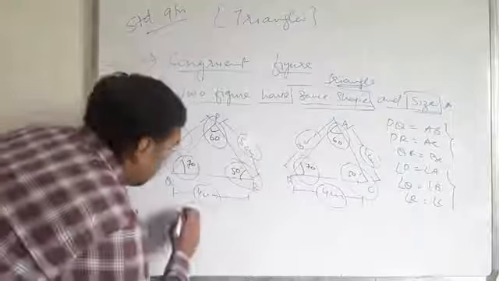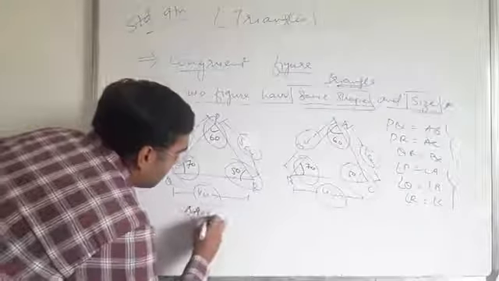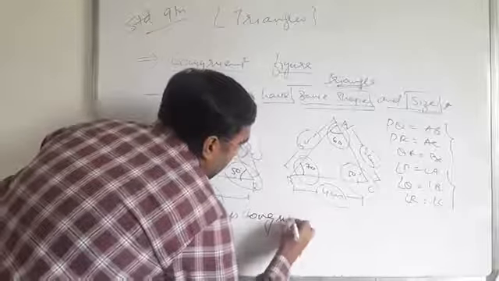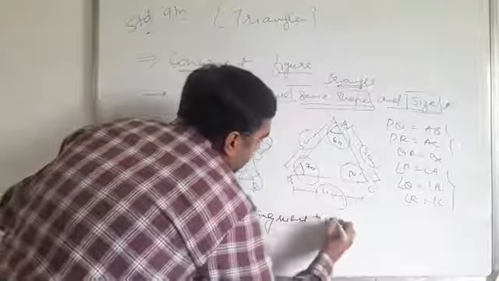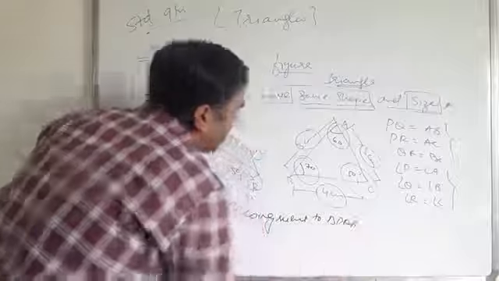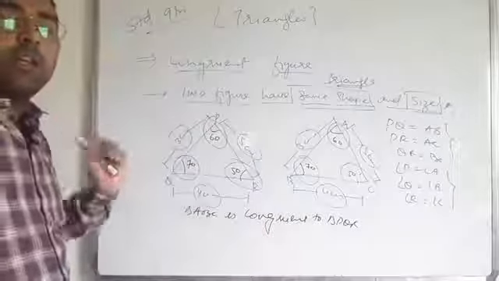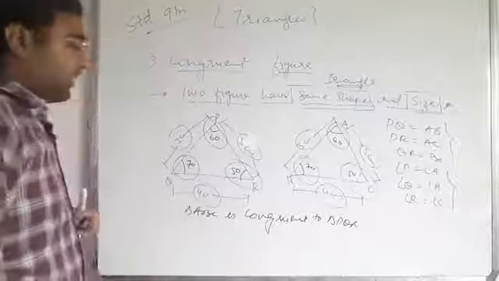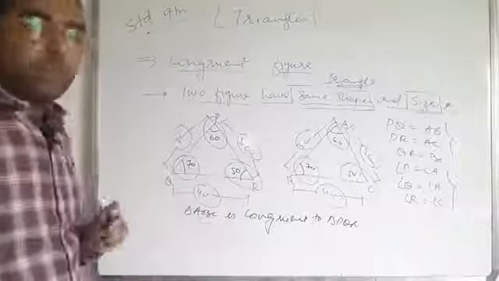So therefore I'll write that triangle ABC is congruent to triangle PQR. Okay, can we write this whole statement out in words?